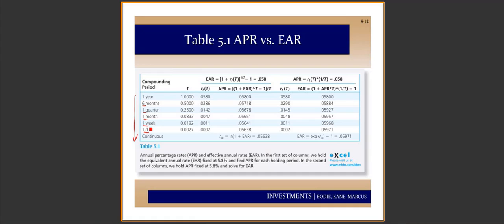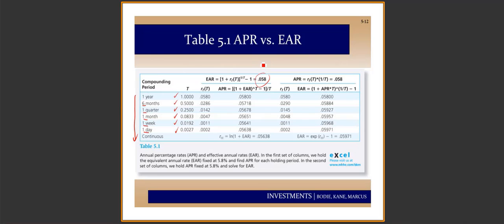And so we went from having 1 compounding period per year to 2 to 4 to 12 to approximately 52 to 365 approximately.